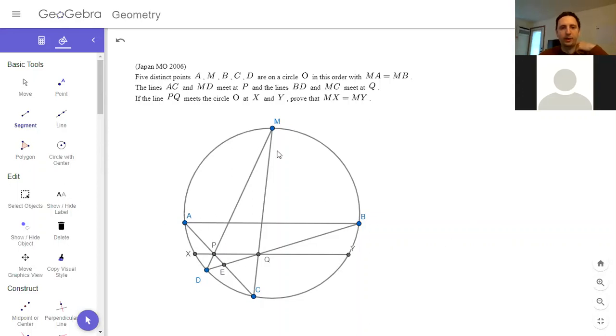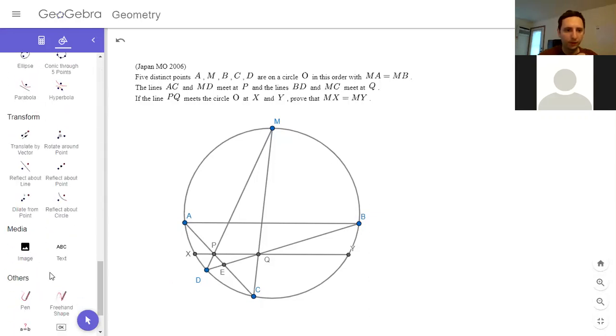So basically, AB and the tangent line at M. So what if we did Pascal's theorem on A, M, M, B, C, D? I wonder if this is just Pascal's theorem. So AB and the tangent at M meet at the point at infinity.